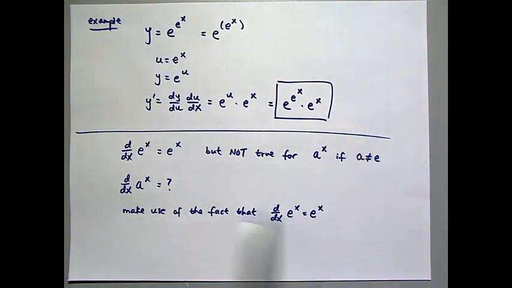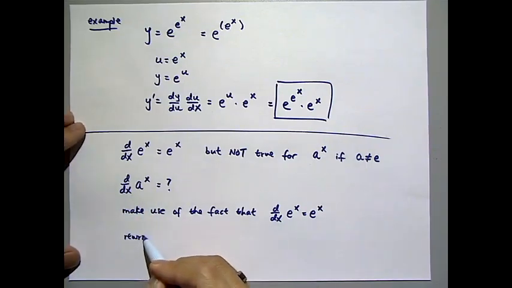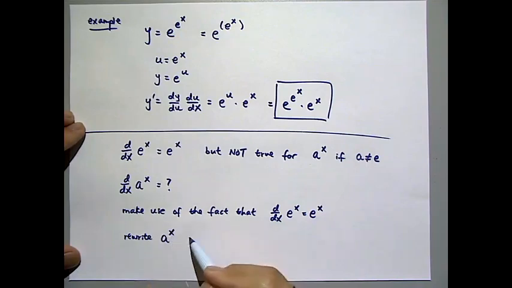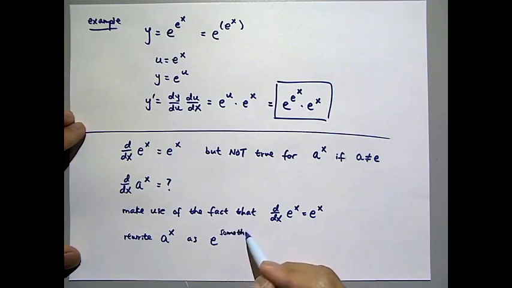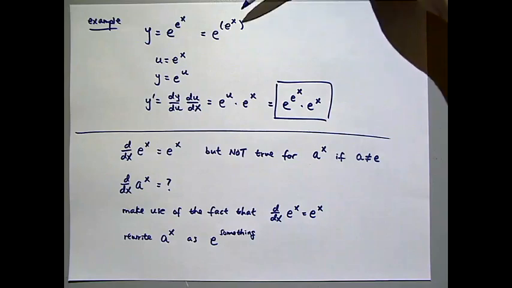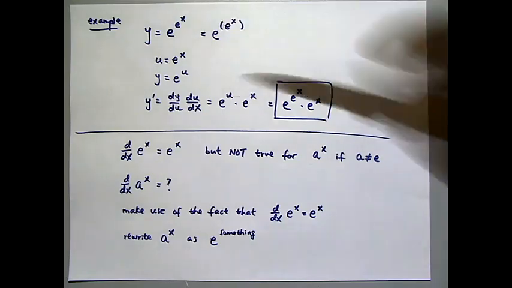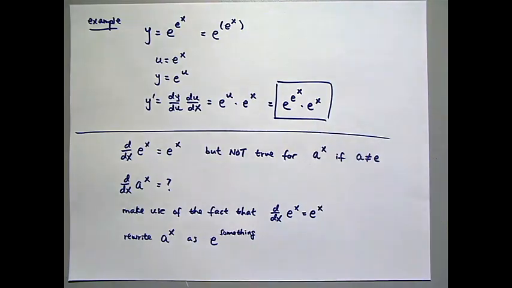If you know this, then the next thing to do is to somehow write a to the x as e to the something. If I can rewrite the expression a to the x as e to something, then you know what to do. Regardless of how complicated the exponent is, we have a rule for that. So that's the key here.